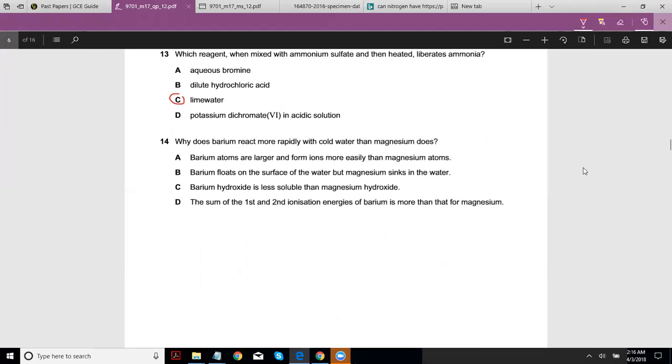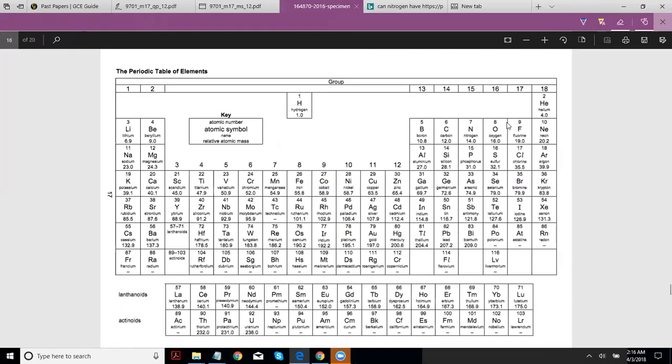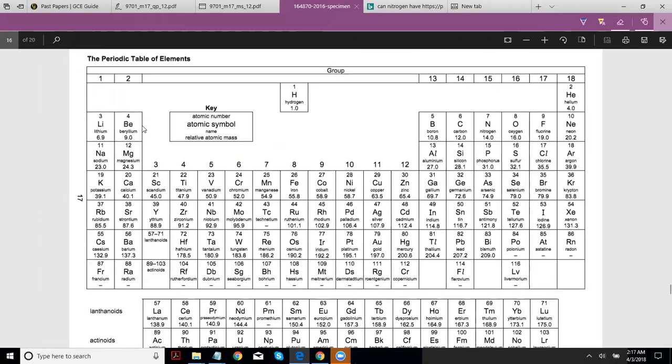Why does barium react more rapidly with cold water than magnesium does? It'll be more clear if you look at the periodic table. If you go down group 2, magnesium is here, barium is here. As you go down, shells increase.